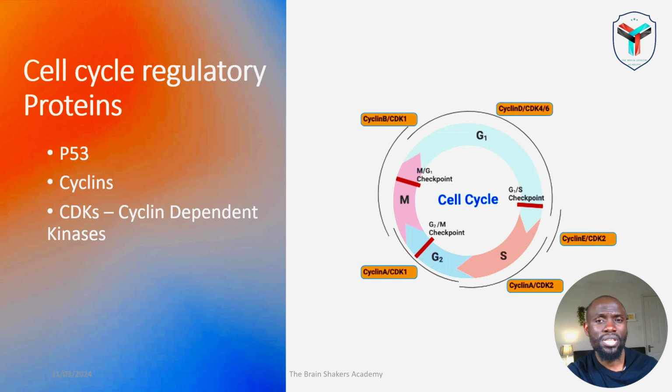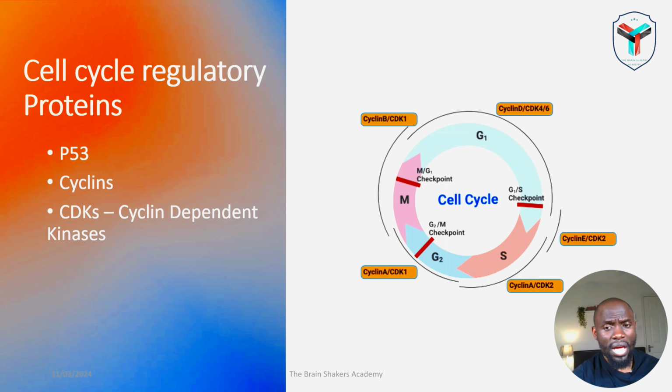They do this by affixing a phosphate group to themselves, and that is how they get activated to then activate other enzymes and proteins that will control and regulate the cell cycle. So they usually are in an inactive form until they have affixed the phosphate to themselves. Then they are active and able to activate further proteins that control and regulate the cell cycle.